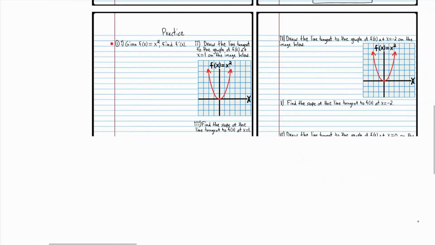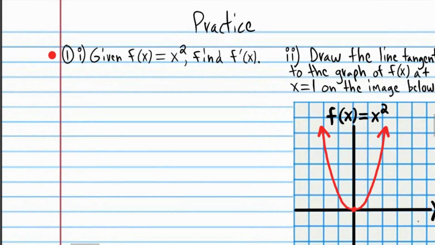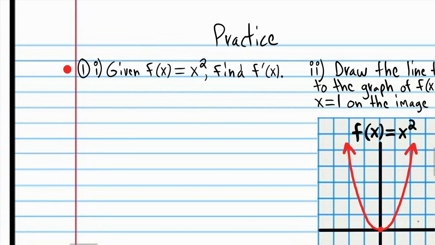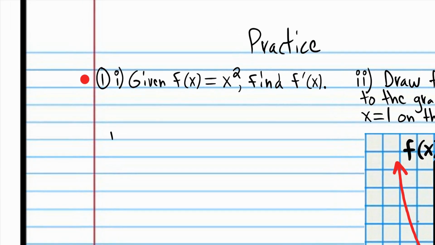So we have a practice problem here. We're told that f of x is equal to x squared. So now we actually have a function to practice with, and we're told to find f prime of x. Now, what is f prime of x? Well, that is the derivative.